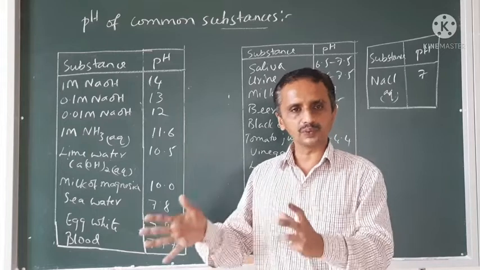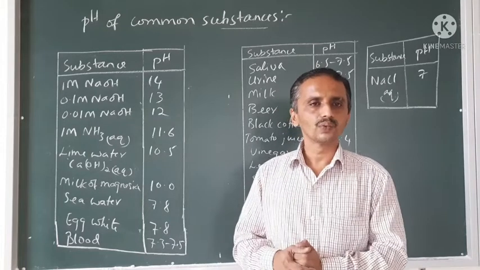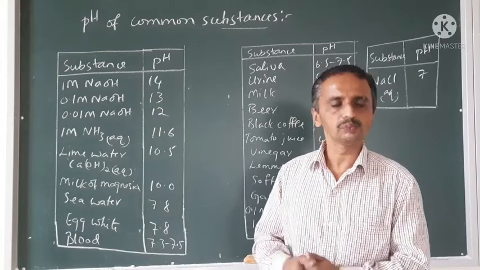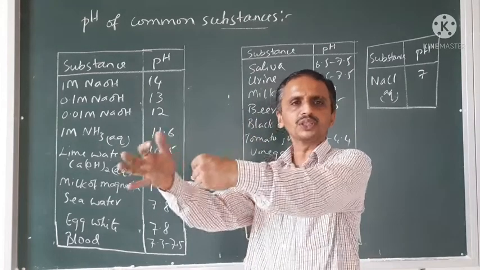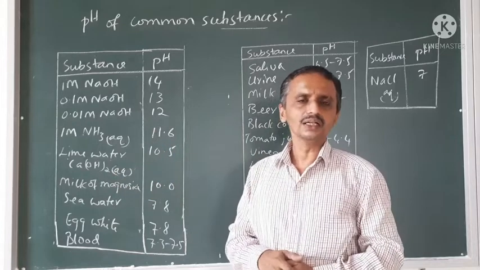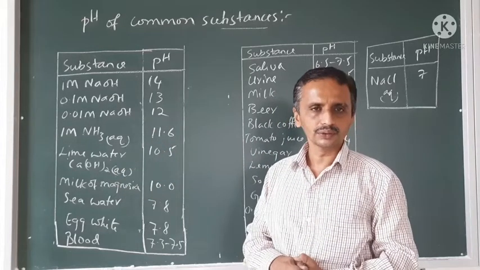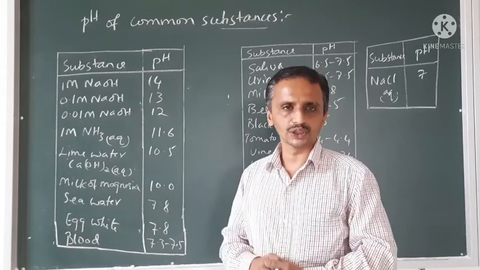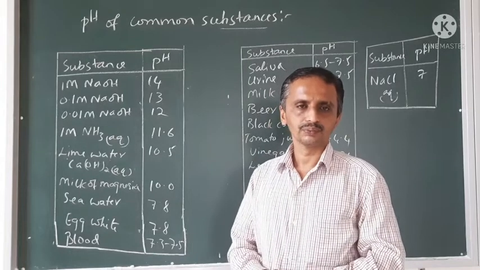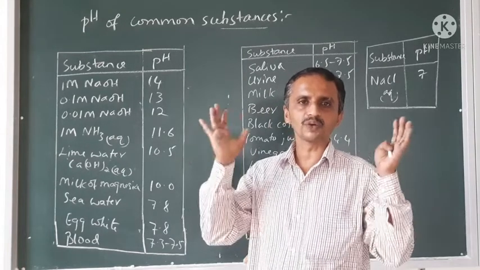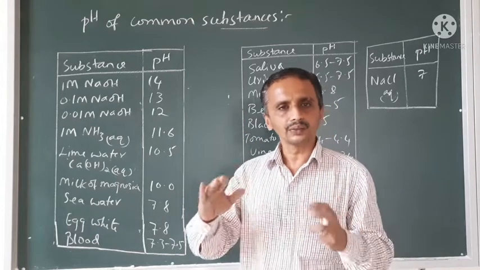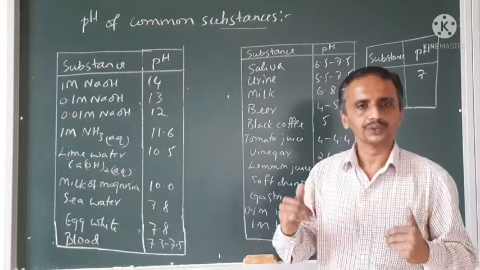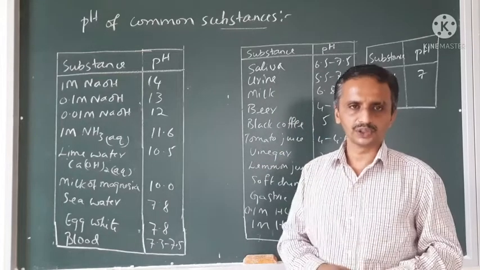Or a base is mixed with a base, what is the pH of the solution, pOH of the solution. Or if the pH is given, what is the H plus ion concentration or the OH minus ion concentration of the solution. So different types of problems I worked out. In this video also I am going to solve a few more problems.